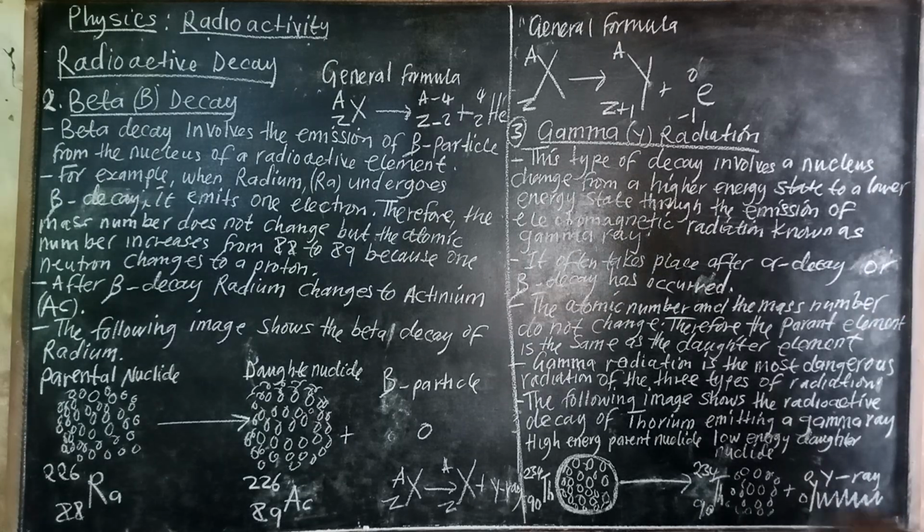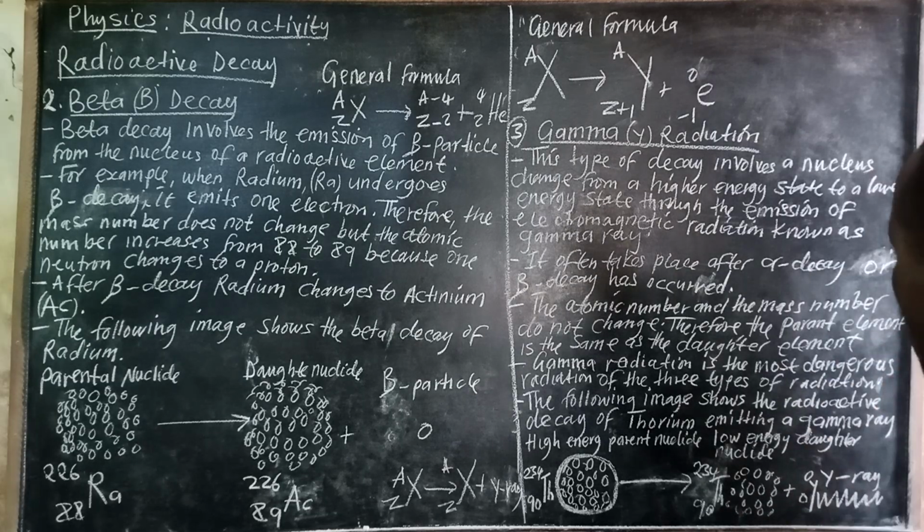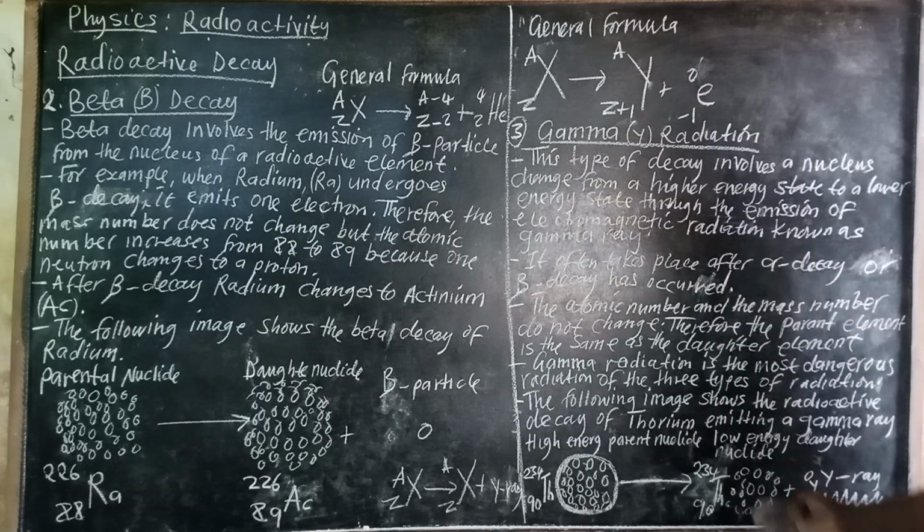The following image shows the radioactive decay of thorium, which is one of the radioactive elements, emitting a gamma ray.